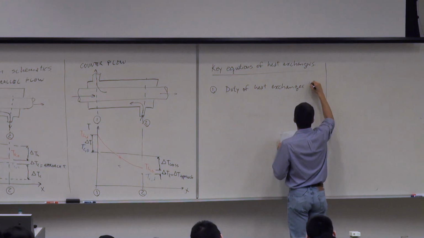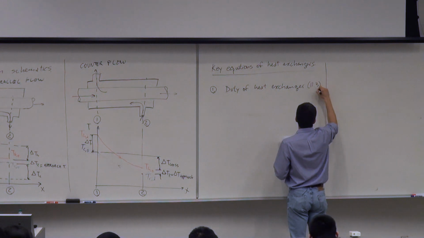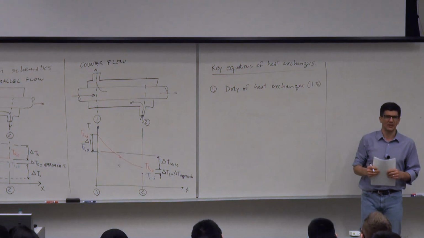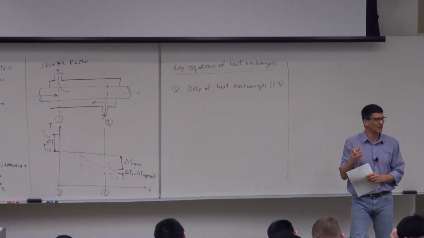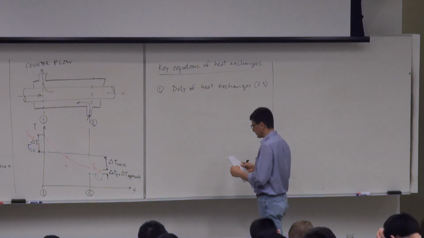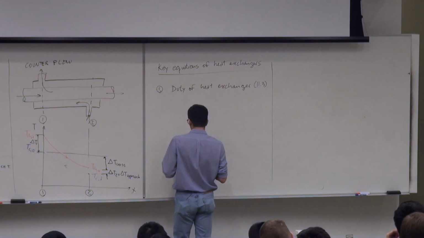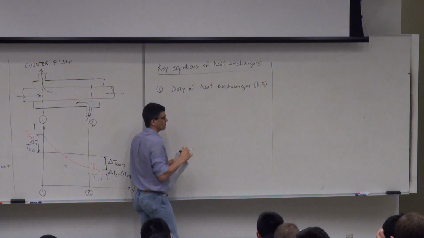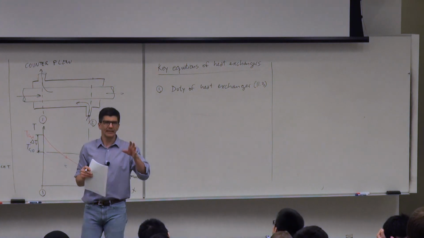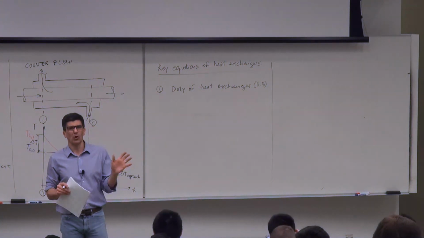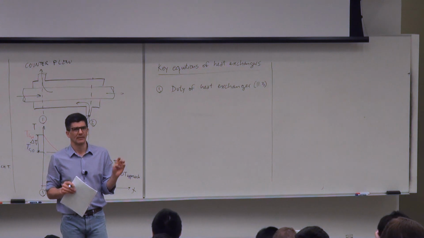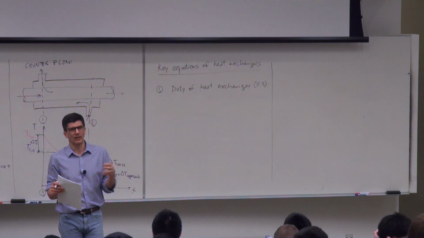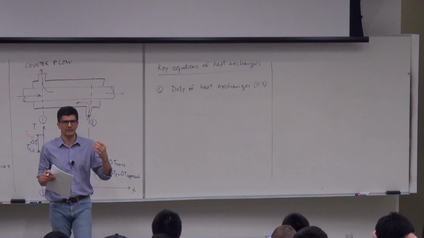And by the way, this is section 11.3 in the book nobody likes, but anyway, if you want to go back, the book says so much more than I say, right? And the duty, remember I said, is the heat exchange between hot and cold fluid, right? And there are two ways of doing it. Calculate the heat exchange rate and all that stuff.